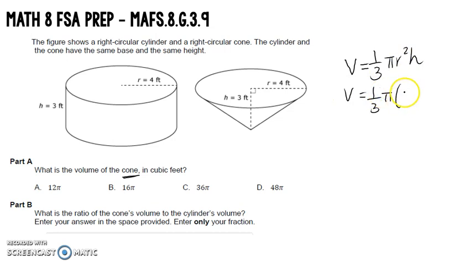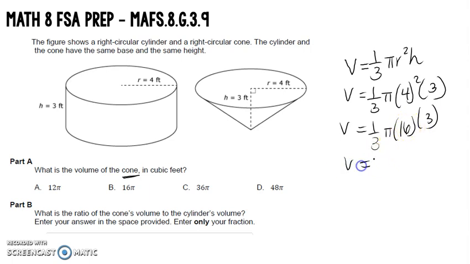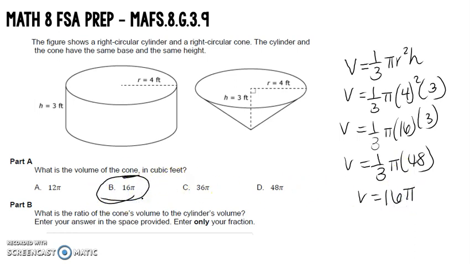So my radius is going to be 4, and my height is going to be 3. 4 squared is 16 times 3. So 16 times 3 is 48. And 1/3 of 48 is 16. So the volume for my cone is 16 pi.